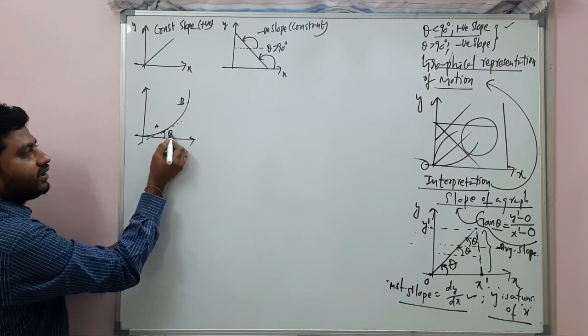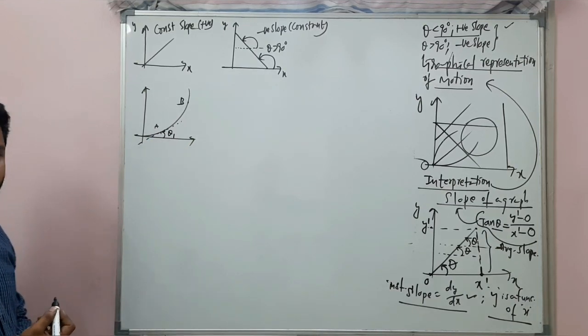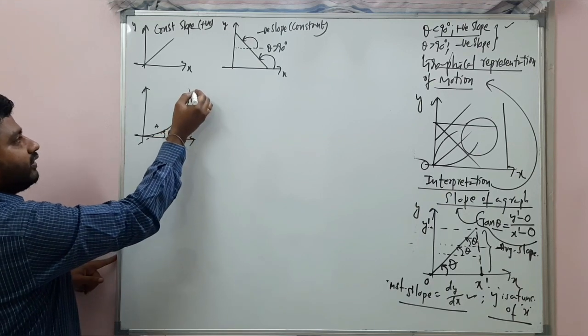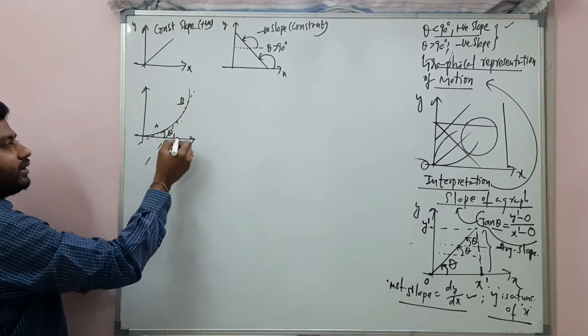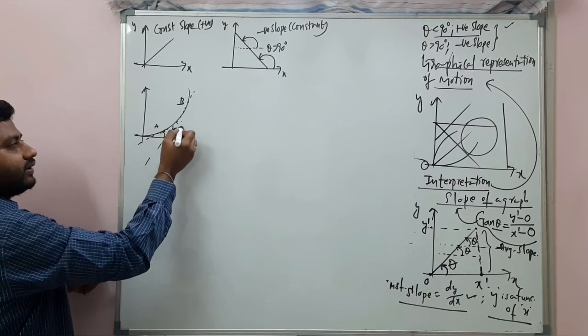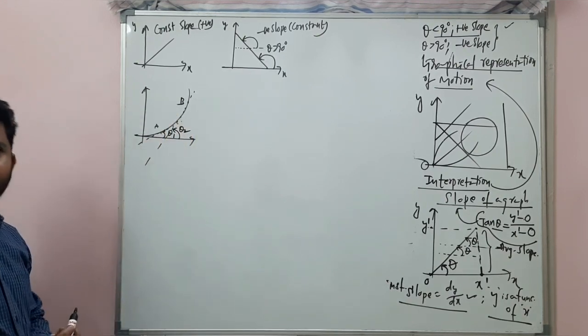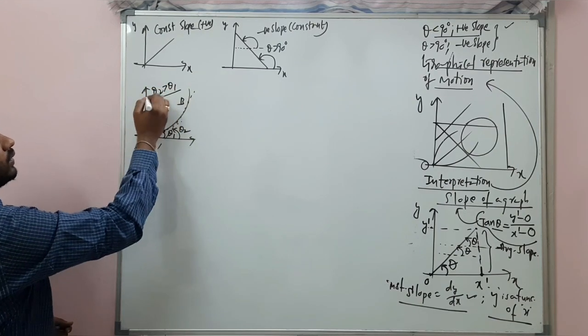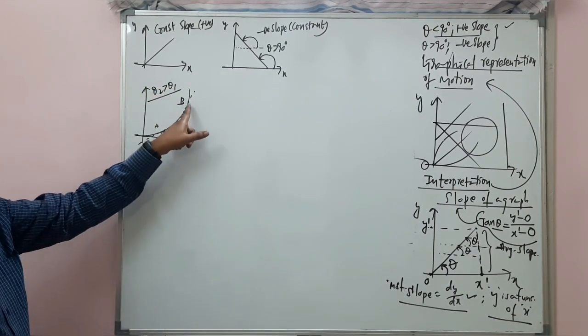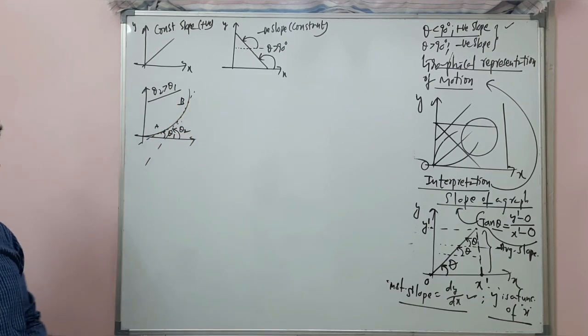So this is theta 1. At point B also, we need to draw the tangent line. Look at here. At point B, the tangent line I have drawn. So the angle is theta 2. Which is more? So theta 2 is more than theta 1, right? So definitely, at point B, the slope is more.